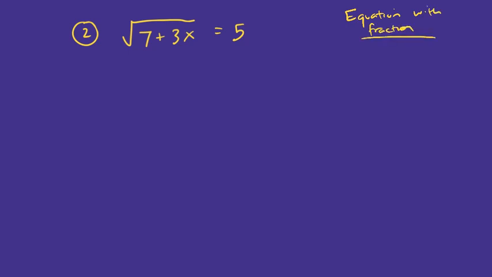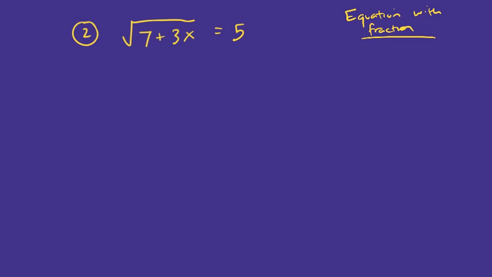All right, number 2. These are the pretty easy ones. So we've got square root of 7 plus 3x equals 5. So we've got an equation with a radical.